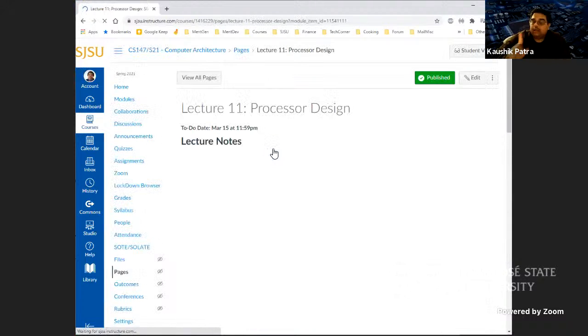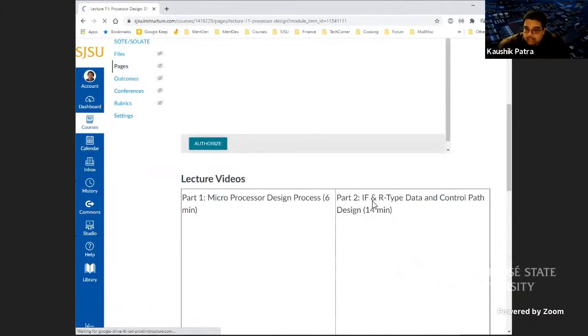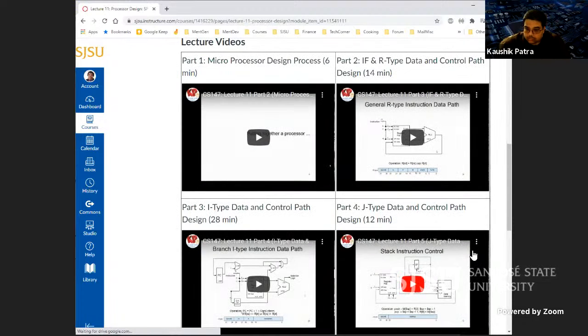For the next day, both ALU and I would expect you to cover at least these two, part 1 and part 2, microprocessor design process and instruction fetch and R-type data and control path design.